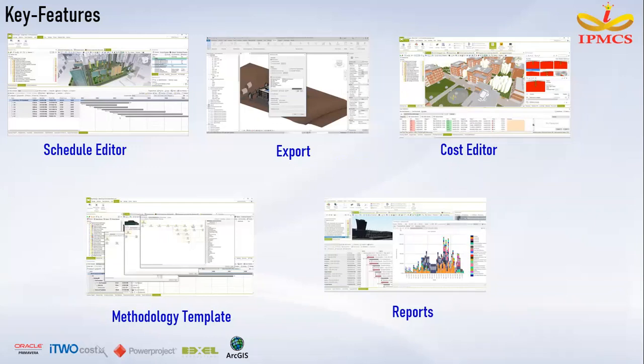Using the schedule editor, we can create the schedule, animations and scenes. Then we can do the cost editor, and the methodology template for creating templates. Then we can either export the project into IFC or BCF formats, or generate the required reports. You can run the inbuilt report templates and generate the report, or create your own template using Power BI.